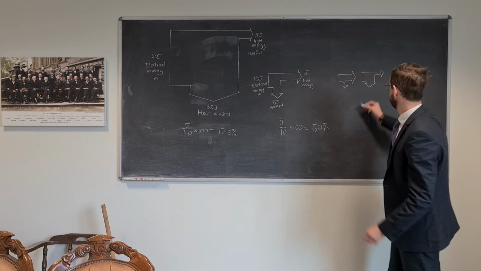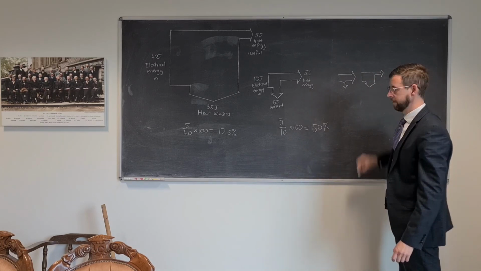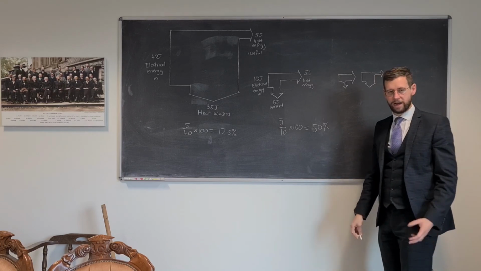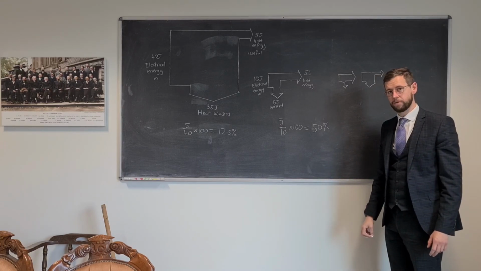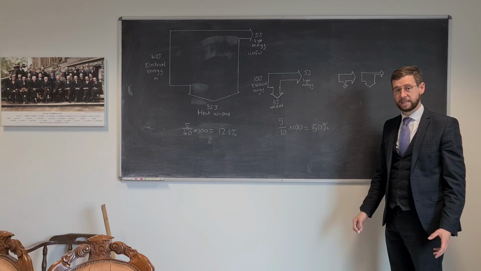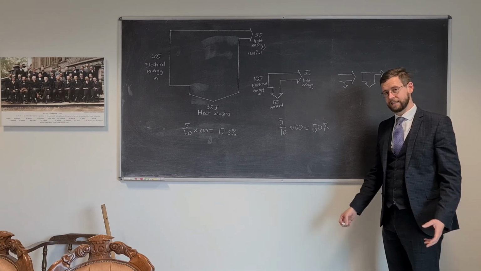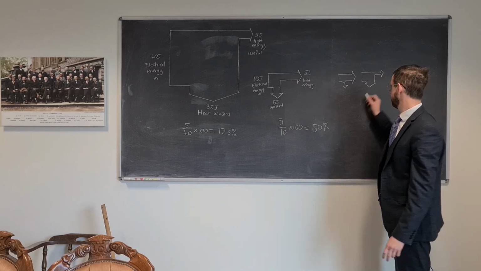Now, it is possible that multiple things down here are your energy wasted. For example, if your thing gives off sound as well as heat, then that could be like this.